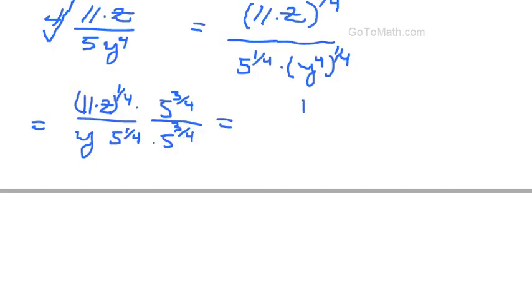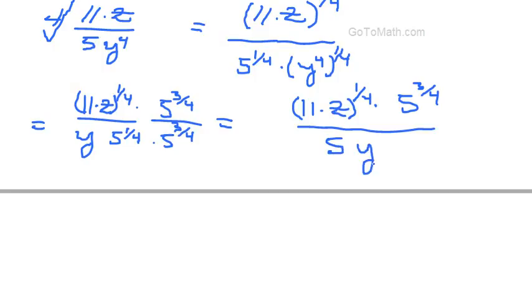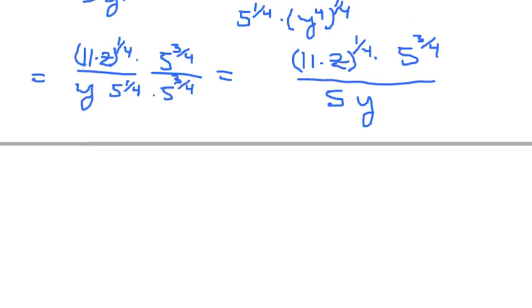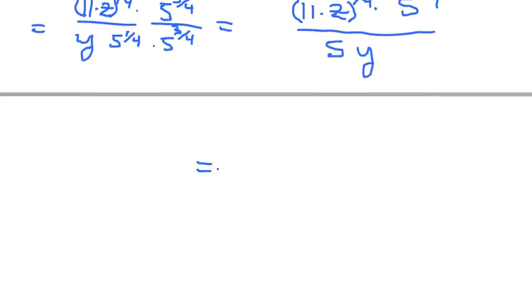So there you go. So we end up with 11z to the 4th times 5 to the 3/4, and that's going to be all over 5y. We could join these two together by doing something like this, because this is going to be 5 to the 3rd power.